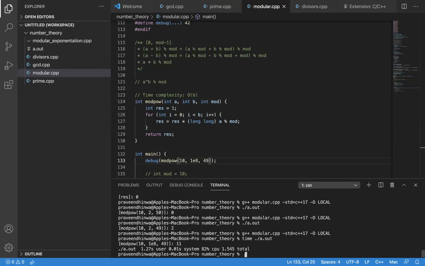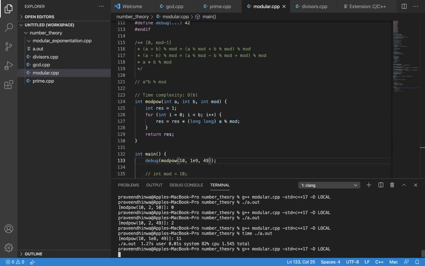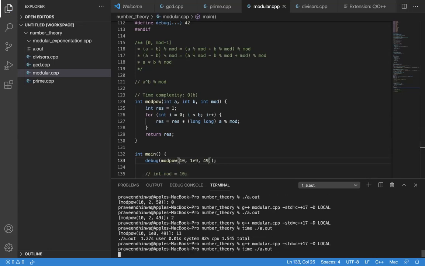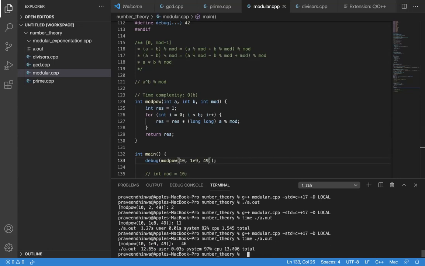So it took 1.5 seconds. And suppose this was 10 power 9, let's see. It's running. Maybe it might take 10 seconds or something. Yeah, it took 13 seconds.